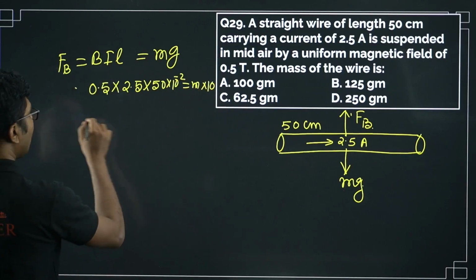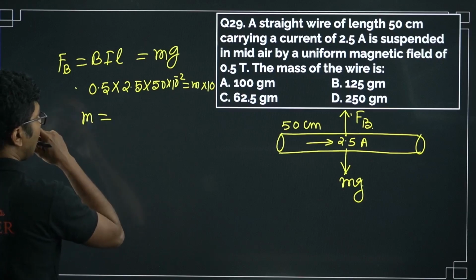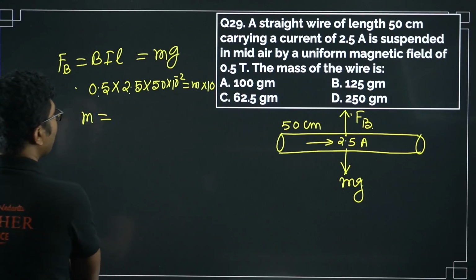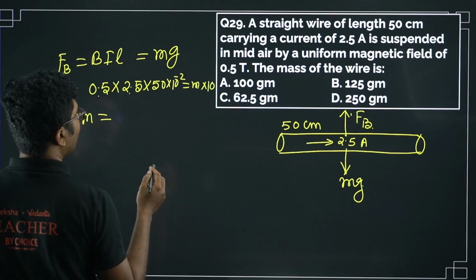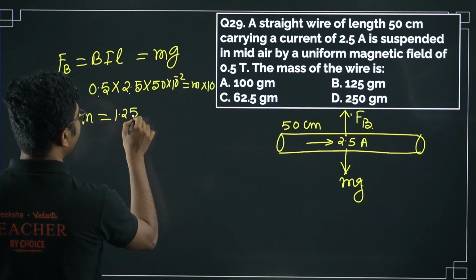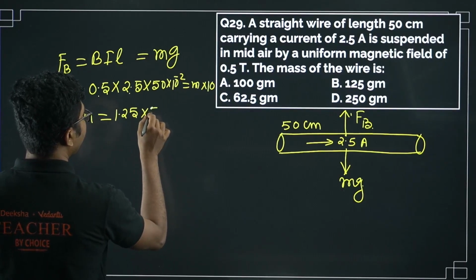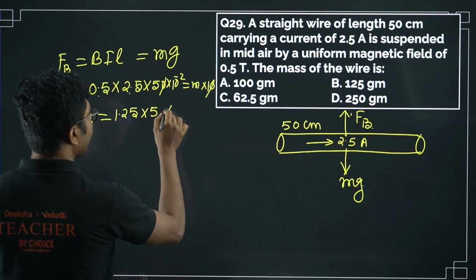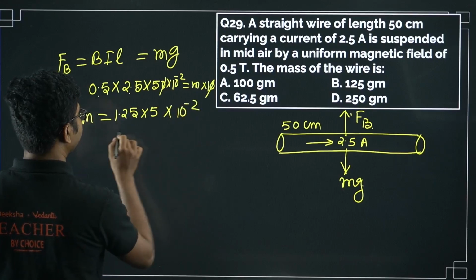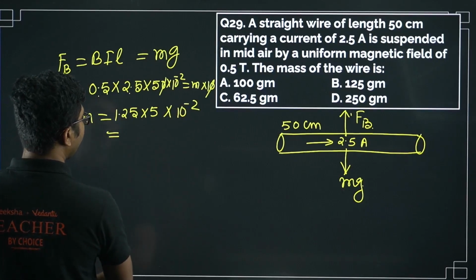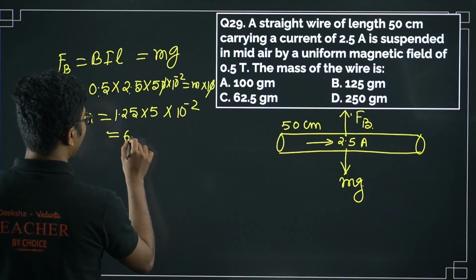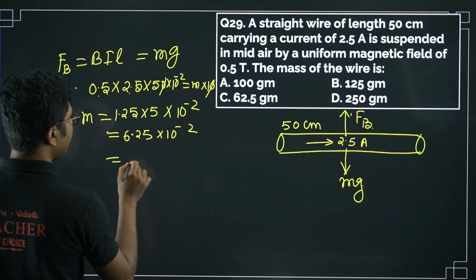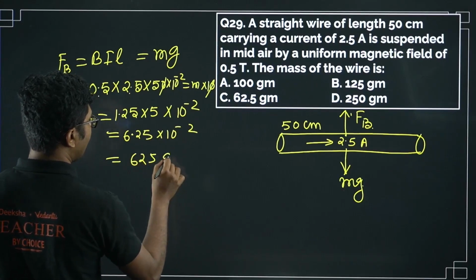So m is 0.5 into 2.5, which is 1.25, into 50, this 0 cancels, into 5 into 10 to the power of minus 2. So it will be 6.25 into 10 to the power of minus 2, so it will be 62.5 grams.